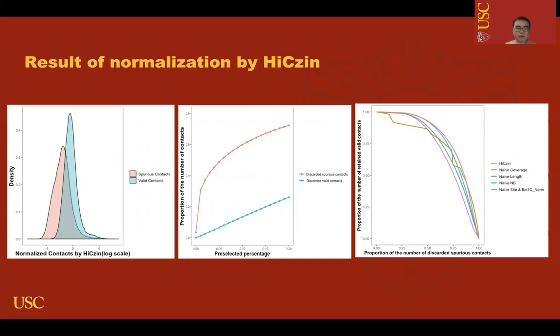The x-axis is the proportion of discarded spurious contacts among all spurious contacts, and the y-axis represents the proportion of retained valid contacts within all valid contacts. We denote the area under the discard-retain curve as AUDRC, and AUDRC will then be used to evaluate the performance of spurious contact detection.